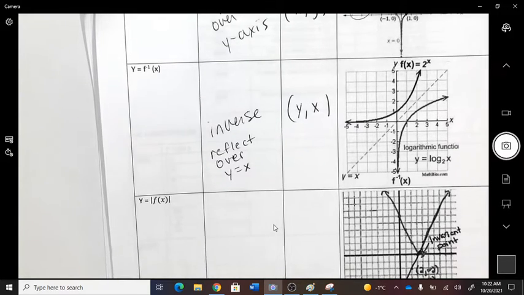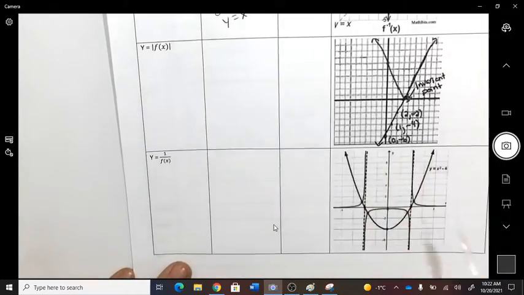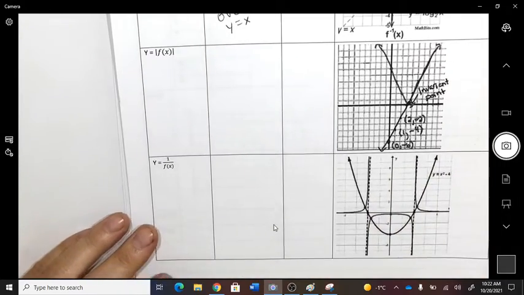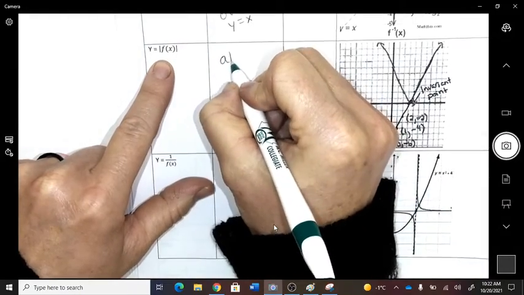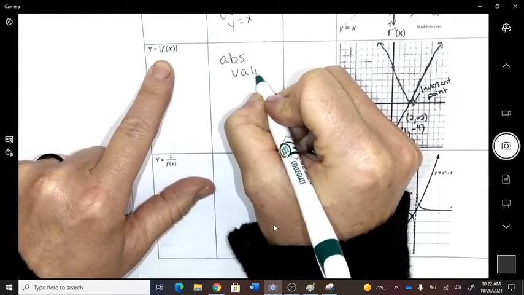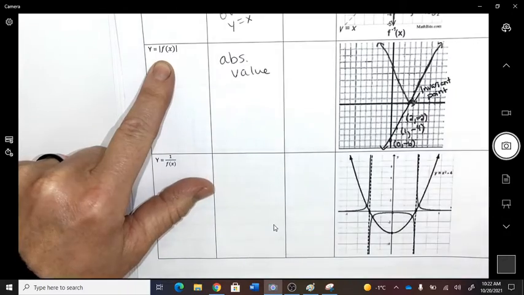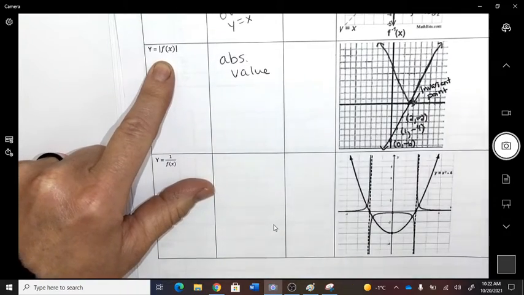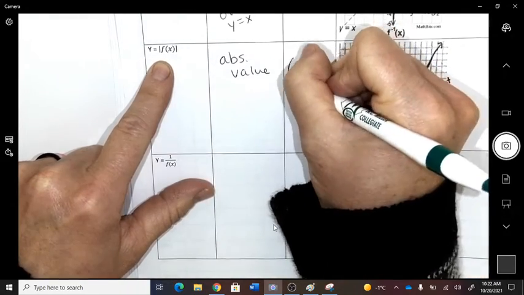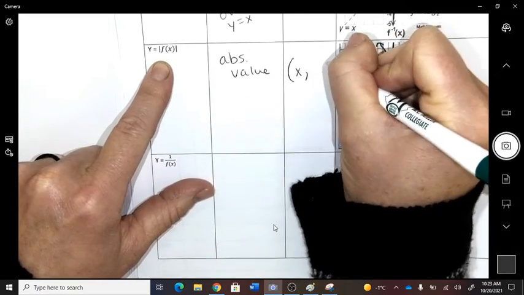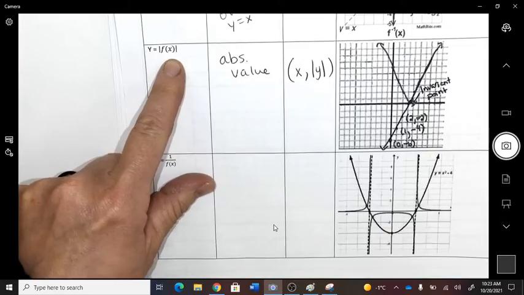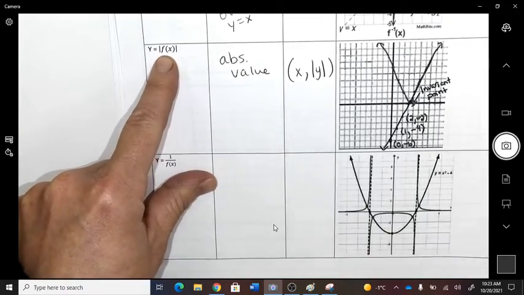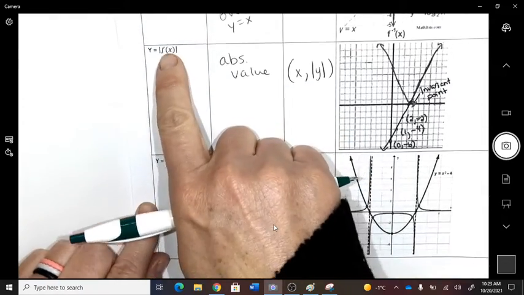Okay, next. What's the name of those symbols? This is our absolute value. And it only affects the y, right? Because f of x is another way of saying y, so we're absoluting our y.